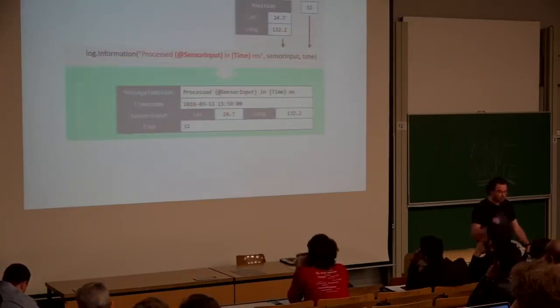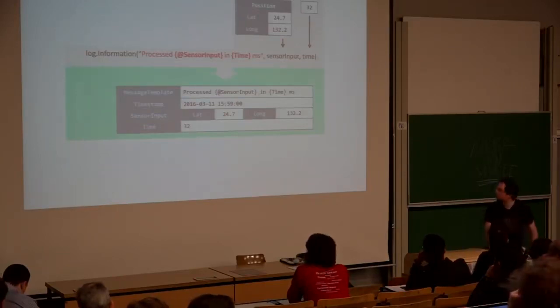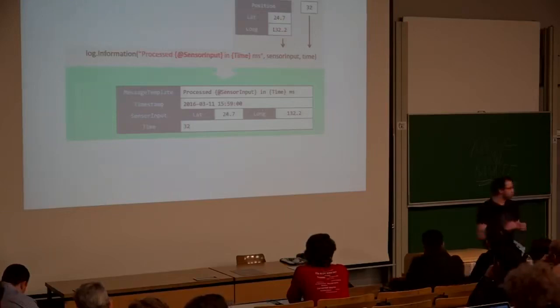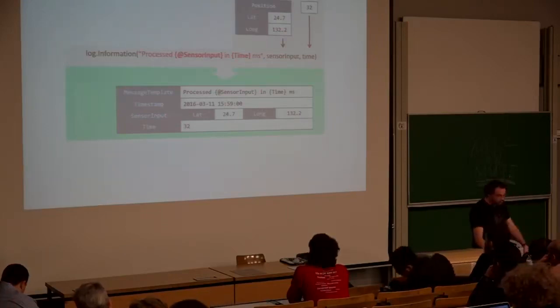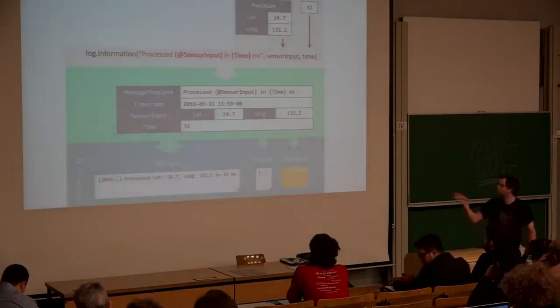So instead of doing string formatting, you're storing the structure of the data along with the level and the message template, so that you can see it properly. But you wait until the last minute to actually format it into a log message. And once you have that in place, it's pretty cool because you defer rendering until the end.